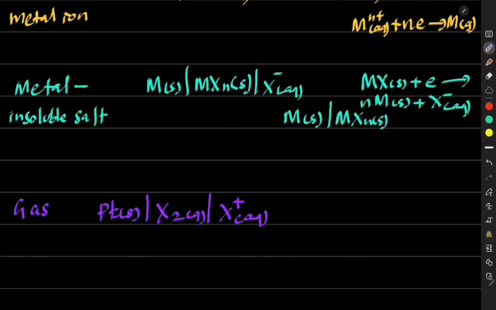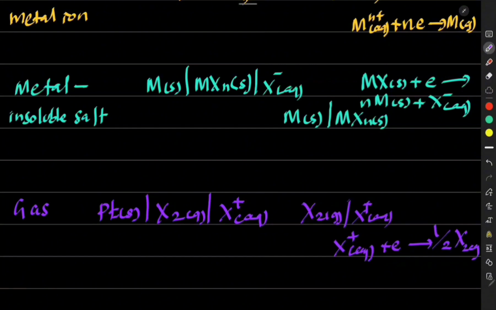The redox couple is X2 gas, X minus aqueous, and the reduction half reaction is X2 gas plus electron forming X minus aqueous.